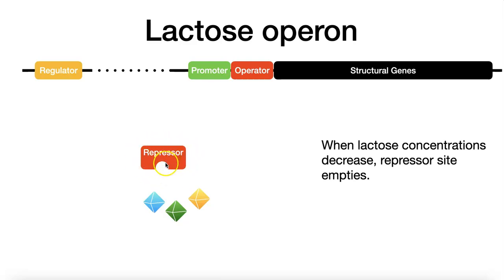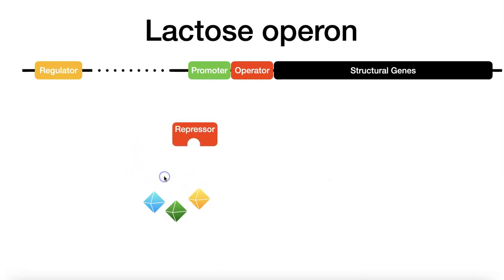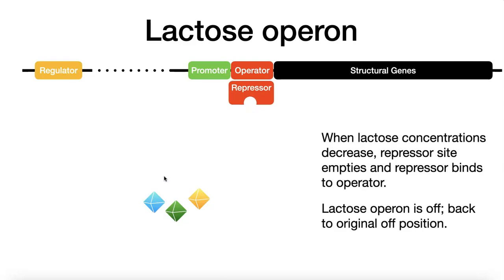Then this repressor is going to have the site empty again because all the lactose has been metabolized or broken down. As you might guess, when the repressor returns to this state, it can now bind to the operator again, and that will turn the operon back off because the repressor is bound to the operator again.